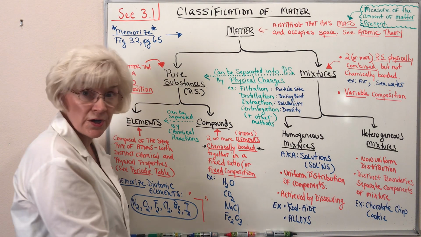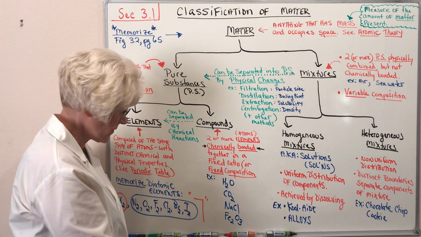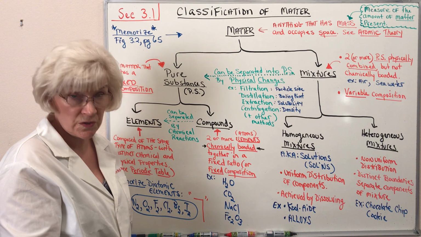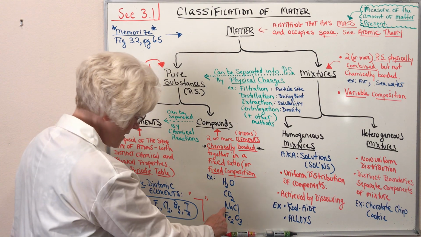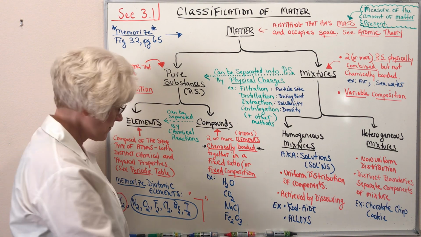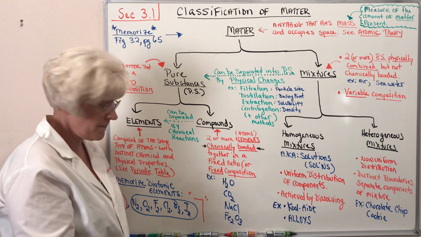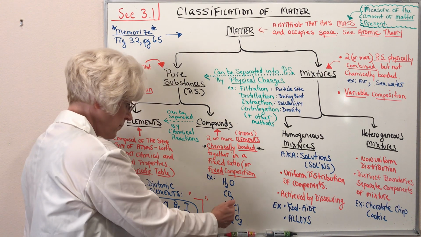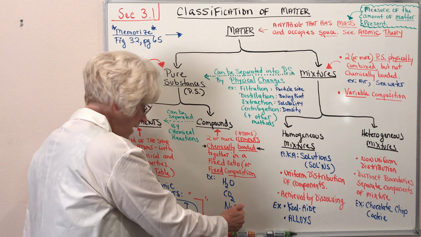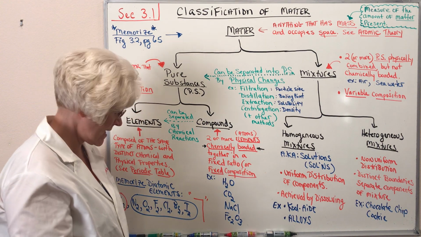The next example is carbon dioxide, CO2. The next example, sodium chloride, using the chemical symbols for the elements sodium and chlorine in a fixed ratio, 1 sodium present for every 1 chlorine, NaCl.